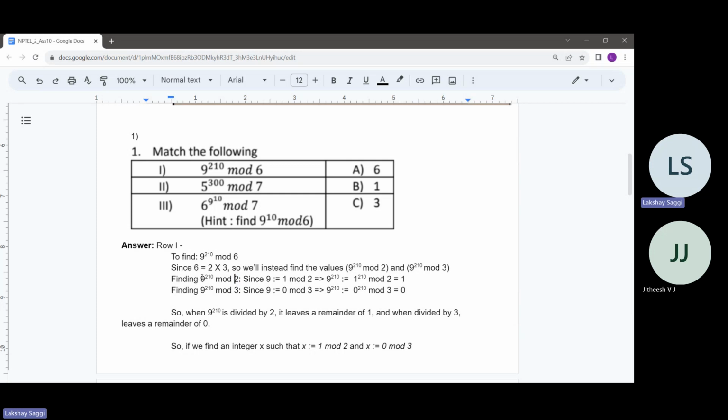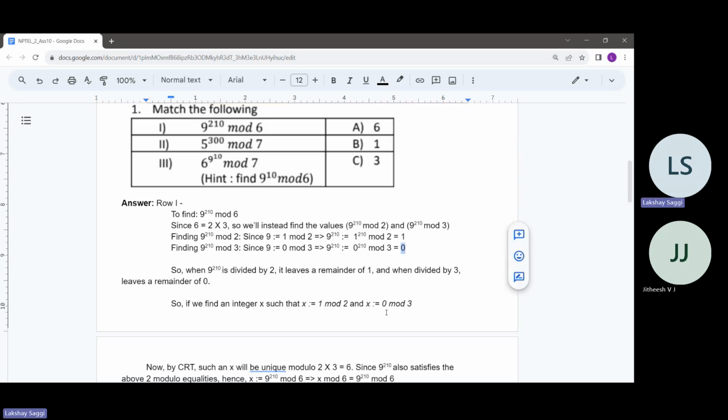So we just find out the value of 9 raised to the power 210 first when divided by 2, then divided by 3. And we found out the remainders here. And then we just found any x which satisfies these two congruences, not just for this 9 raised to the power 210, but we wrote this as a modulo equality instead. Another equality is that x is 1 mod 2 and x is 0 mod 3.